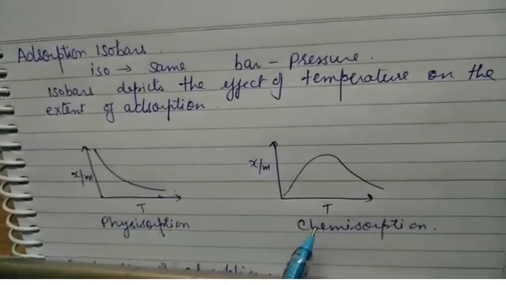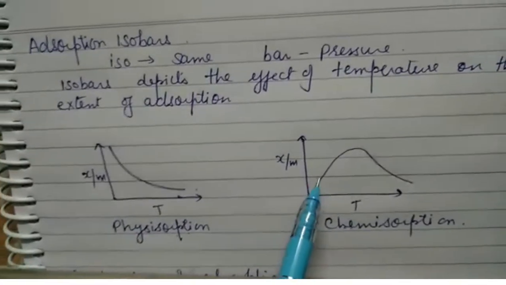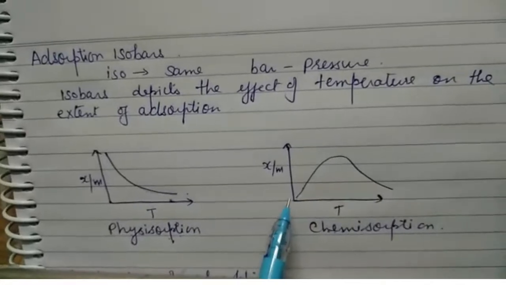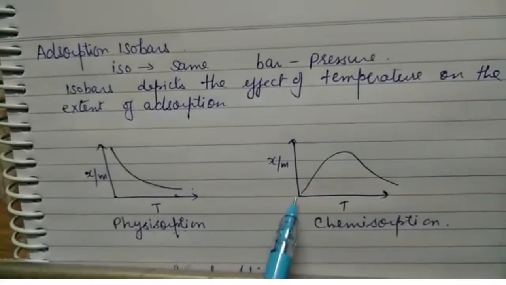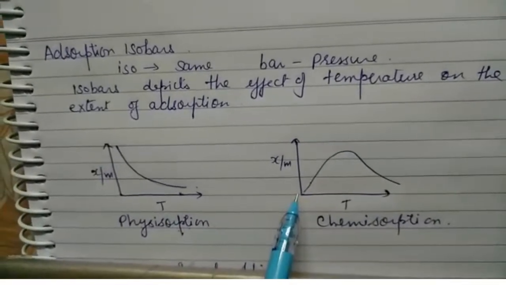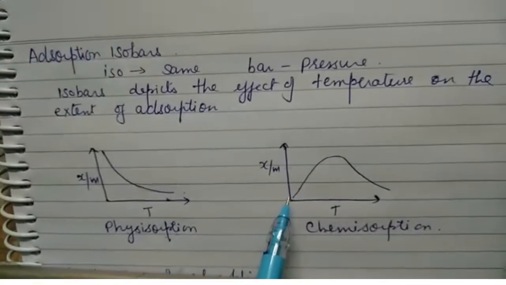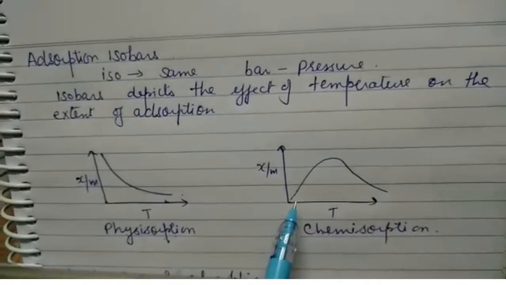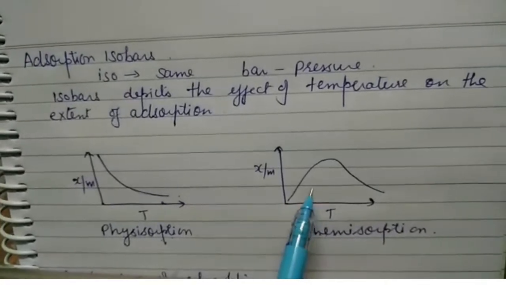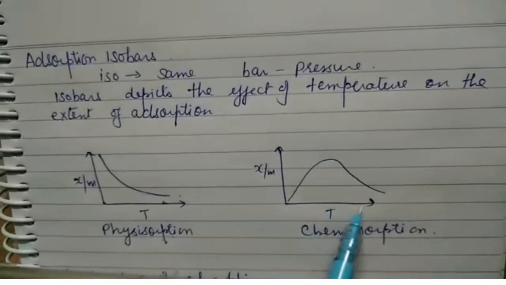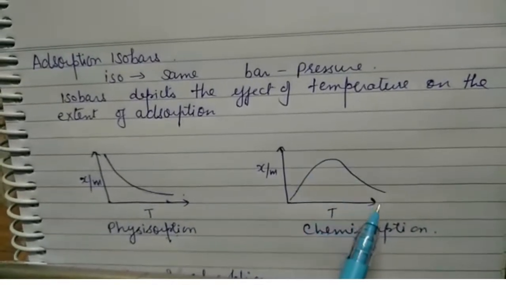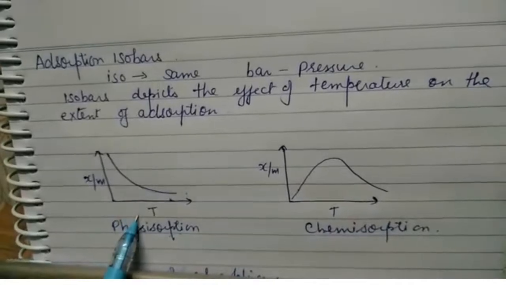In chemisorption, first the rate of adsorption increases, which means that the temperature provides the initial activation energy so that proper bonds could be formed with the particles of the adsorbent. When all the species of the adsorbate have been properly oriented, a further rise in temperature will decrease the extent of adsorption, as in the case of physisorption.